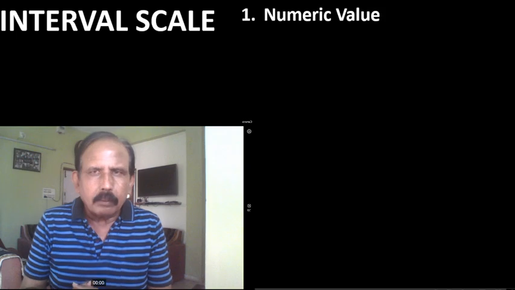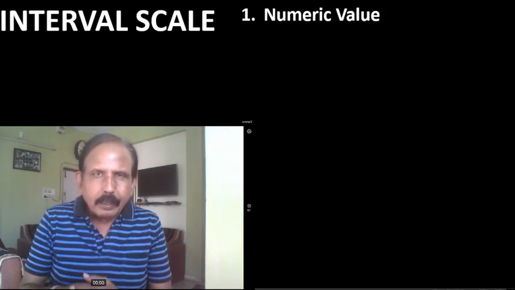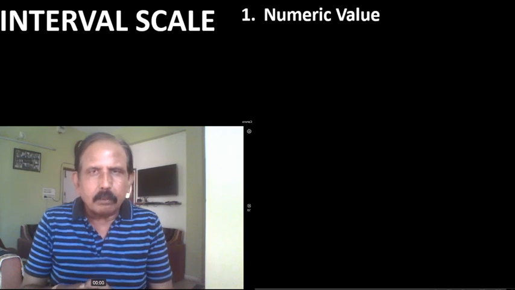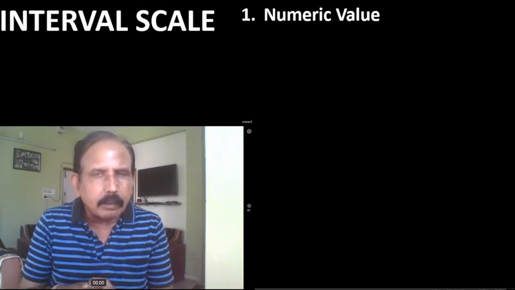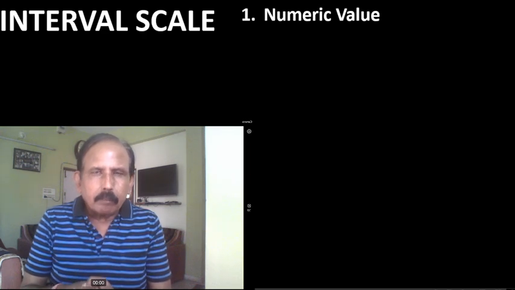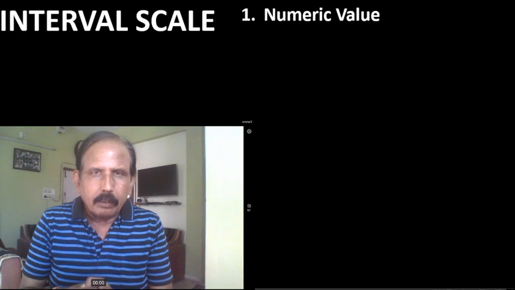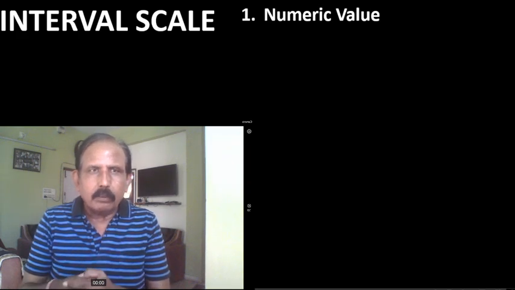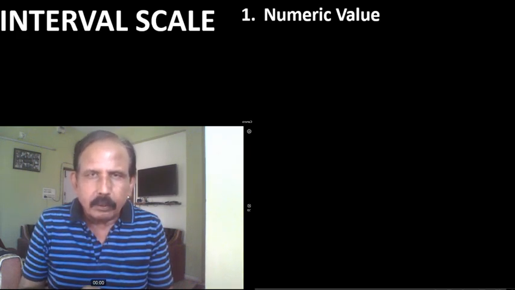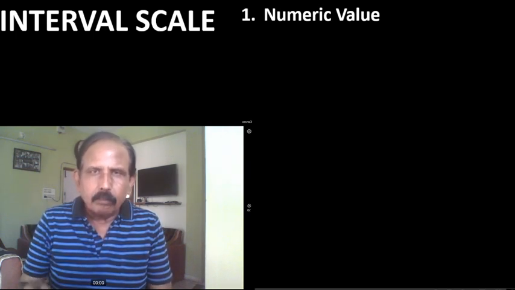The interval scale has numeric value. In this scale, numbers are assigned to the subjects on the basis of intensity of the characteristics they have, and these numbers have mathematical values. So this is the special feature of the interval scale, that the scale has numeric value.